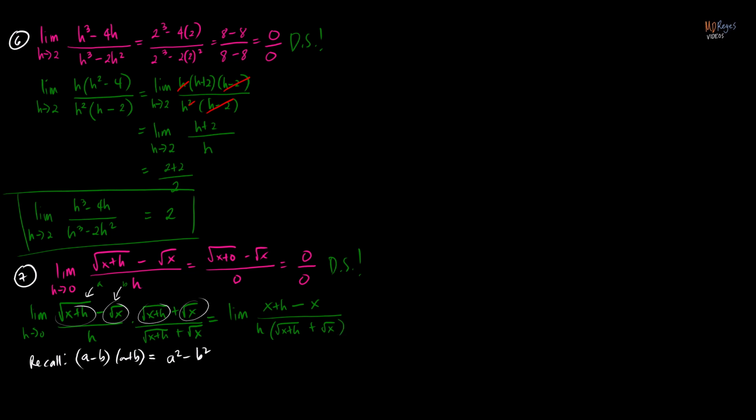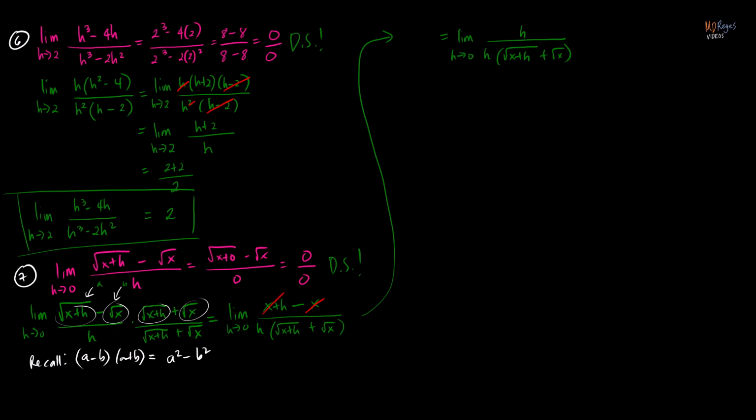We evaluate the limit as h approaches 0. Okay, now we go up here. Okay, x plus h minus x, combining like terms, so we get x minus x, 0. And now simplifying, we get the limit of h over h times the quantity square root of x plus h plus square root of x as h approaches 0.